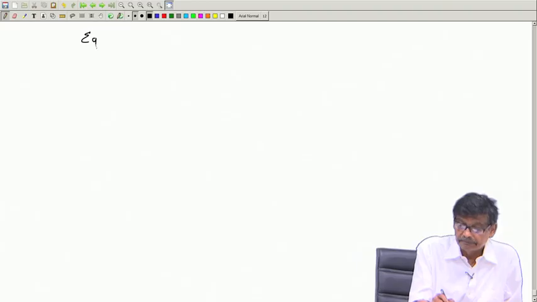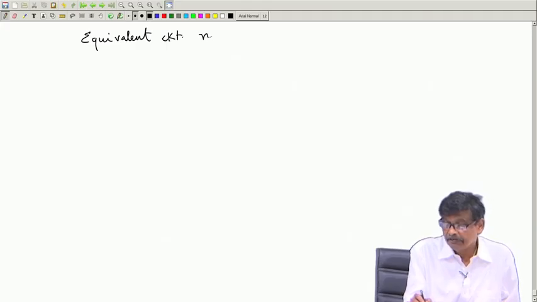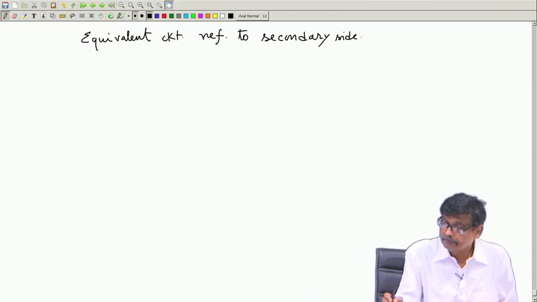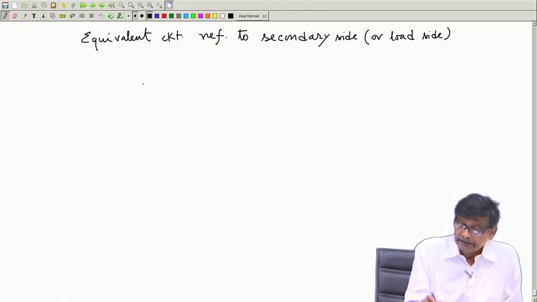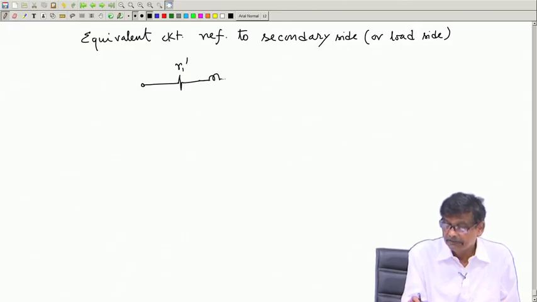Equivalent circuit, referred to secondary side or load side. It will remain the same, except that this one will become R1 dashed, this one will become X1 dashed.